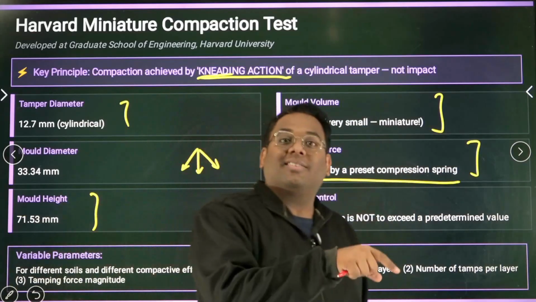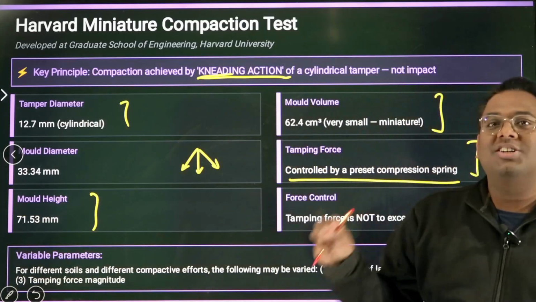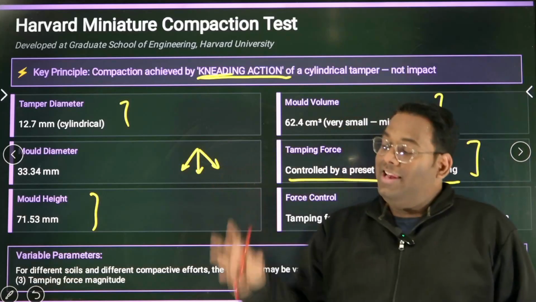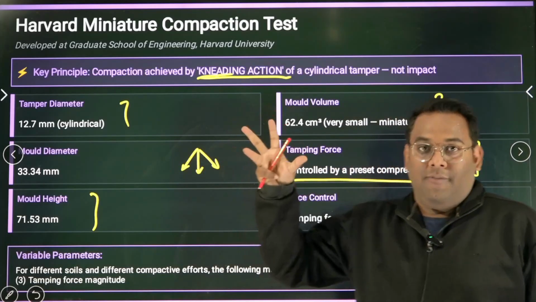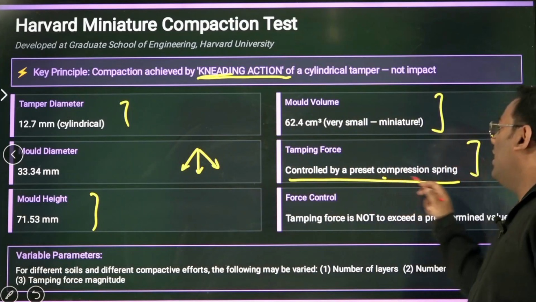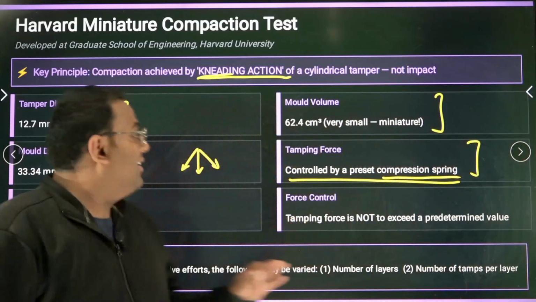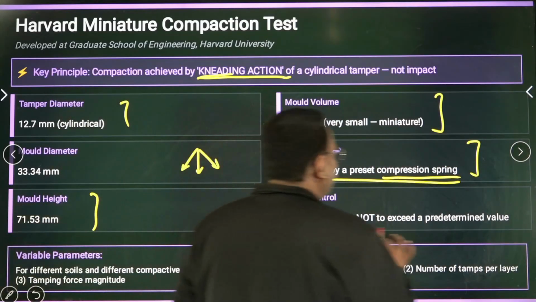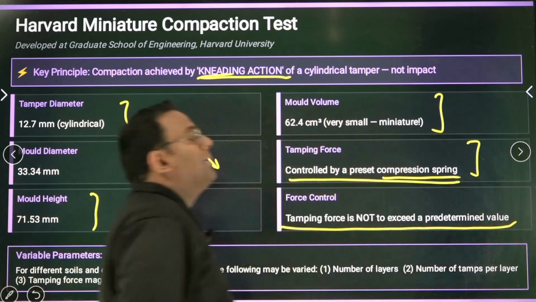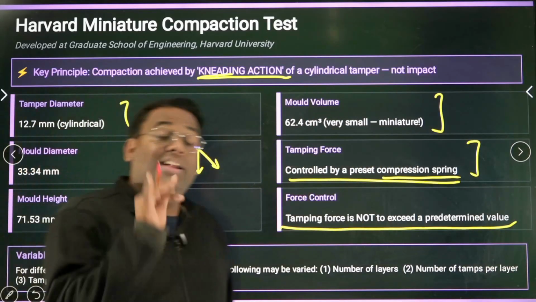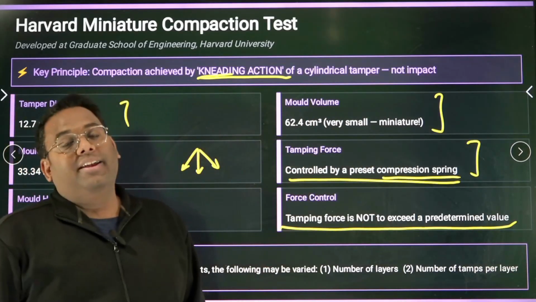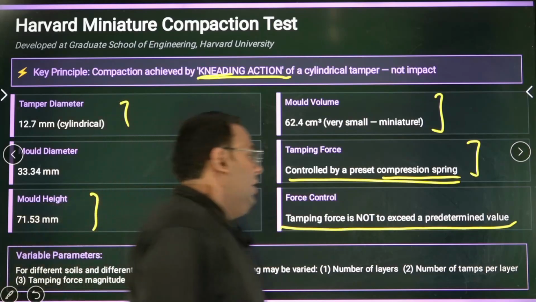Whereas in the previous tests you just used a rammer, lifted it and dropped it, here you use a compression spring. Force control is done by tamping. The force is not to exceed a predetermined value, so that the kneading effect can be introduced in the soil.